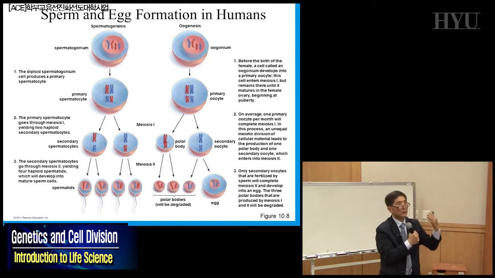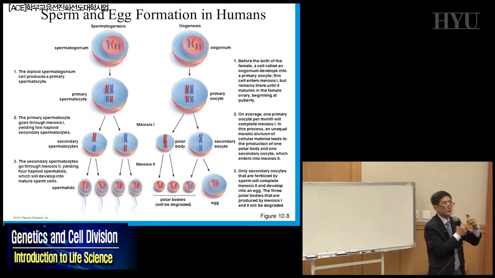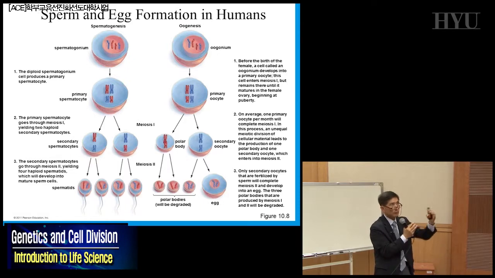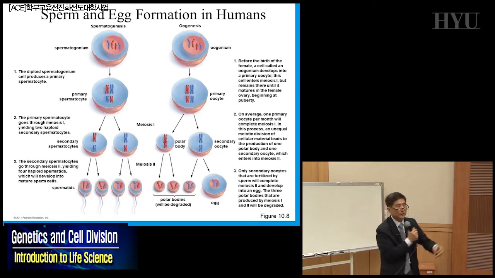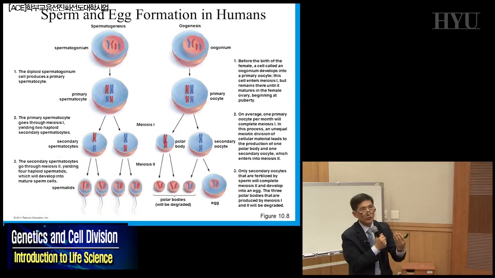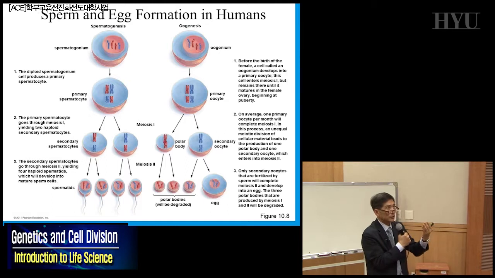But female is different. Once they generate primary oocytes, they have a limited number early in your baby stage, and as you go on, it will stop at some point. Then you start meiosis again when you start a cycle, in other words, when you become an adolescent.